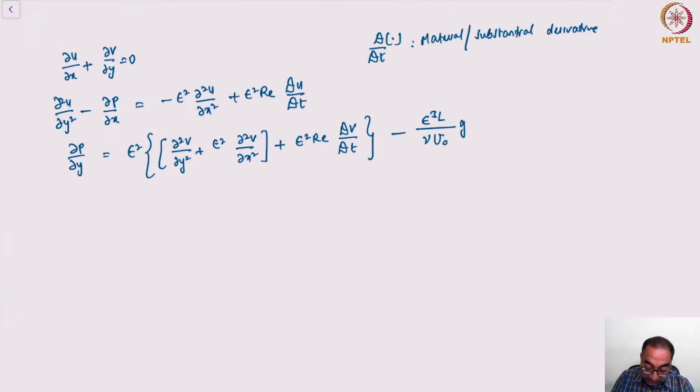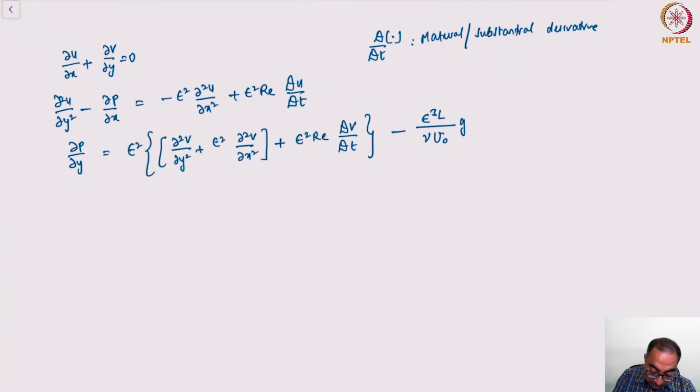So those are my equations. Let me label them. This is the continuity equation. This is the x momentum equation. And this is the y momentum equation.